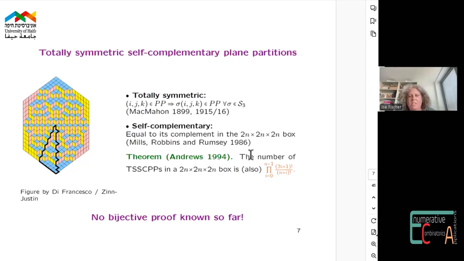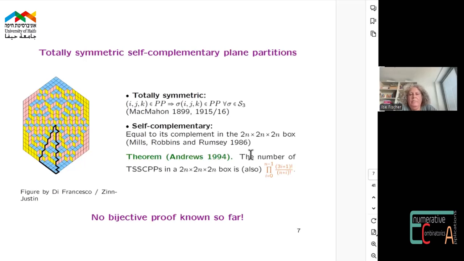Self-complementary means the following. If you consider a plane partition in a box, in that case a 2n times 2n times 2n box, then if you consider all non-boxes, so every box that is not part of the plane partition, it is a plane partition as well. So the complement of a plane partition in a box is a plane partition as well, with a different origin.